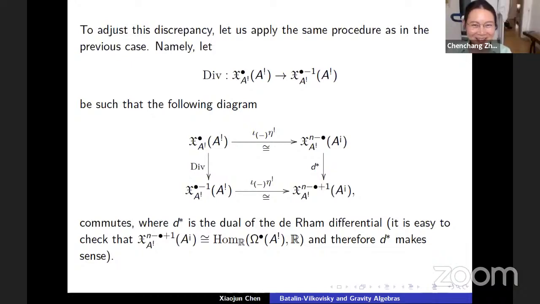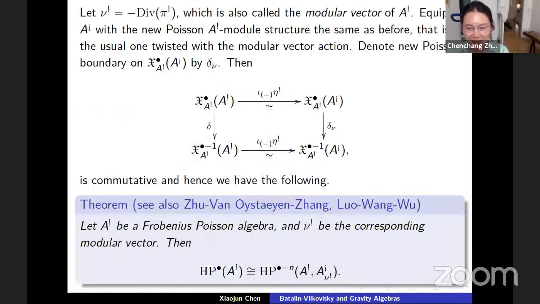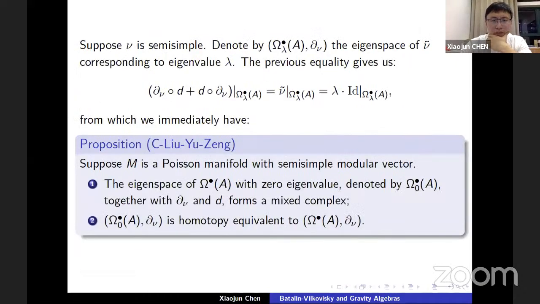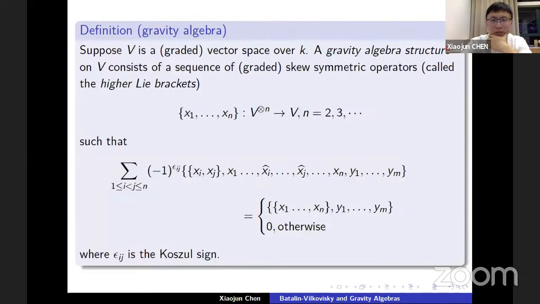There was a question from the audience asking whether the gravity algebra is an L-infinity algebra. No, it is not an L-infinity algebra. An L-infinity algebra means you have higher operations which give the homotopy for Jacobi, and homotopy of homotopy, and so on.